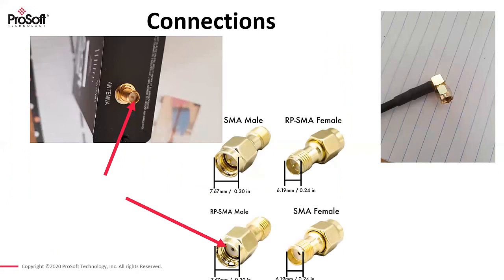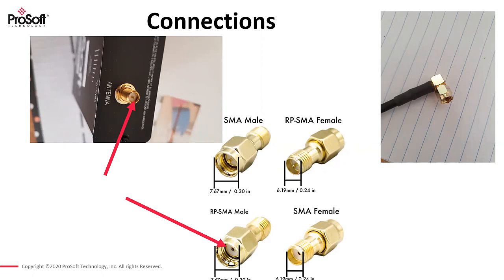So some other considerations that you need is the connections. So pictured in the top left is a reverse polarity SMA connection, and that obviously pairs up with reverse polarity SMA male. If you choose to use your own cables and antennas, you do run the risk of using the wrong connector, damaging the radio, and damaging the cable.